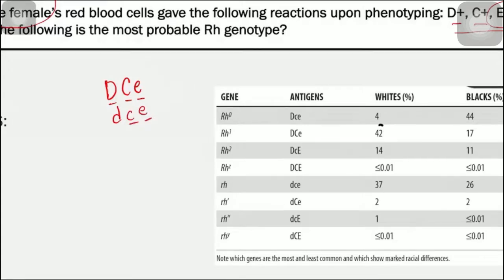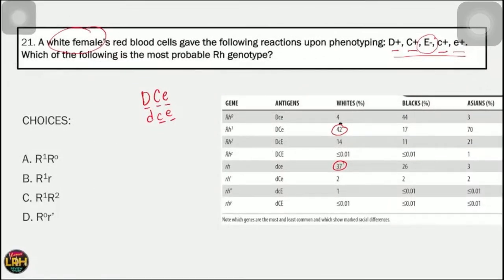So in this chart, we have this for whites. So sino dito ang magko-code sa ating antigens na D, big C, small e, and small d, c, or e?